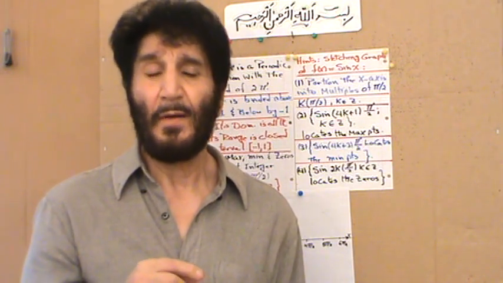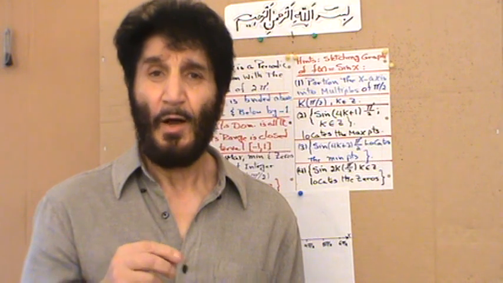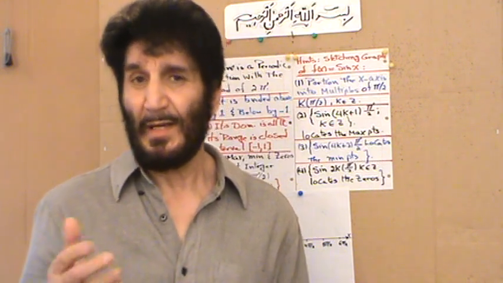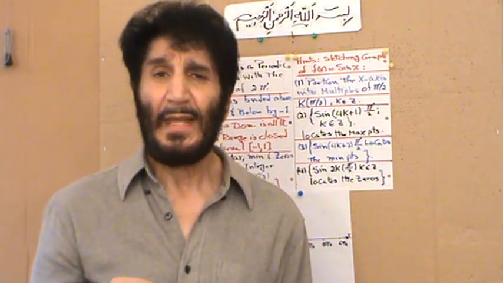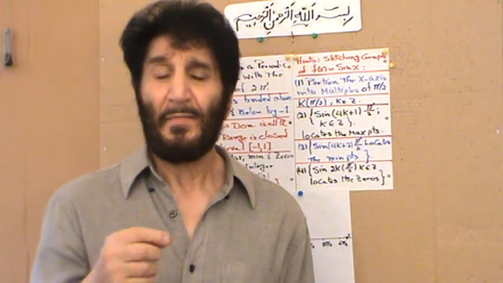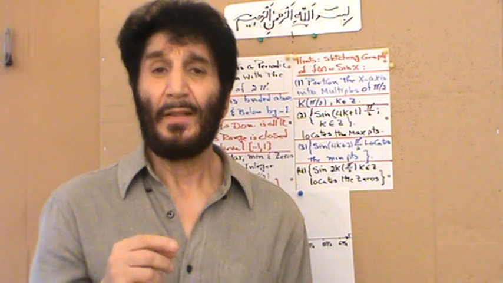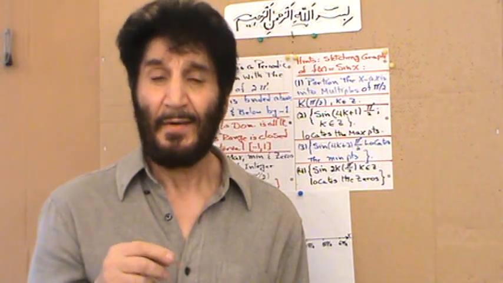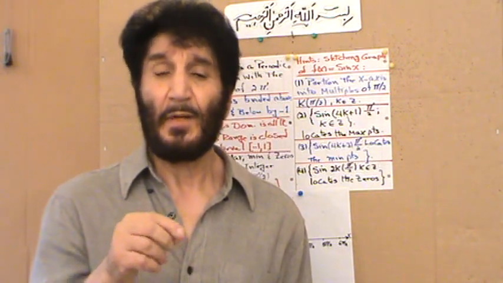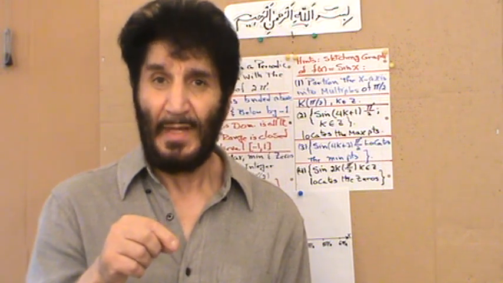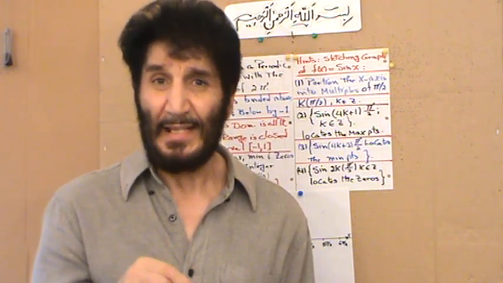In fact, 4k plus 1 multiples, where k is an integer, will give us the maximum point, which is 1, and 4k plus 3, where k is an integer, will give us the lower point, which is -1.